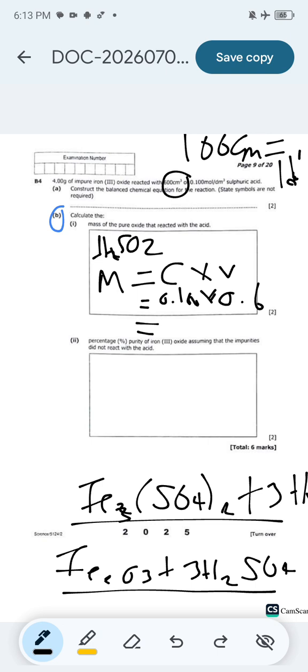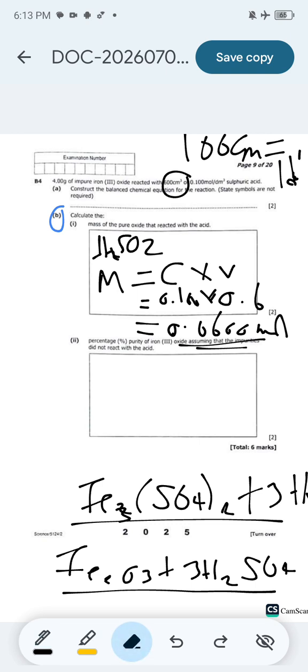So here we want to find the number of moles. What is the number of moles that we are going to get when we multiply this? You can get your calculator, I'm also punching here. When you multiply 0.100 times 0.6, we are going to get 0.0600 moles. So this is the number of moles of sulfuric acid.